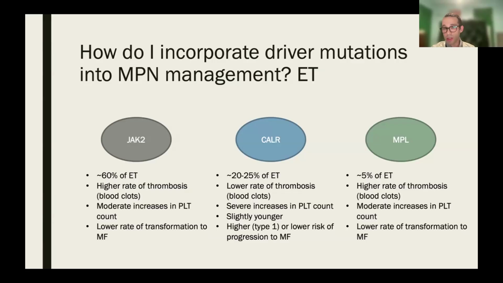Versus CALR mutations typically result in lower rates of blood clots compared to JAK2 mutations. They're more associated with severe increases in platelet counts, and they typically occur in younger people compared to the JAK2 mutation. When we talk about future risk for these driver mutations, I typically think of JAK2 having a lower rate of transformation to myelofibrosis and CALR having a higher rate of transformation to myelofibrosis.